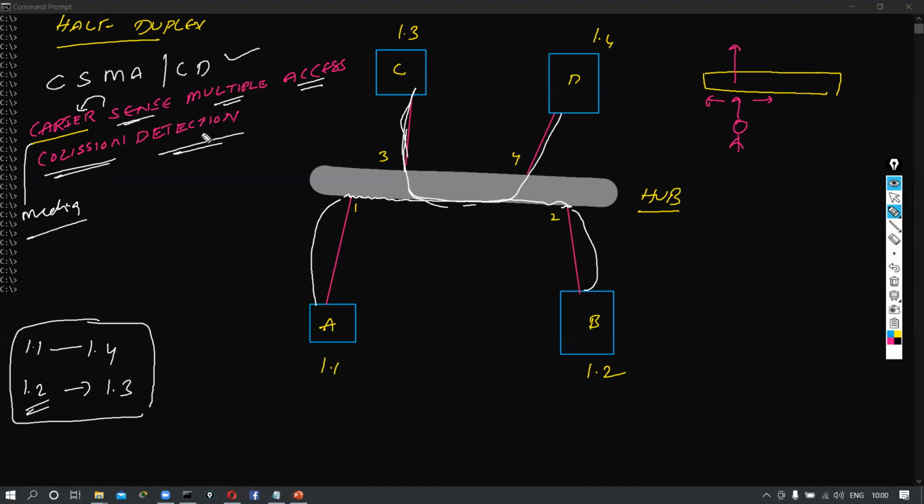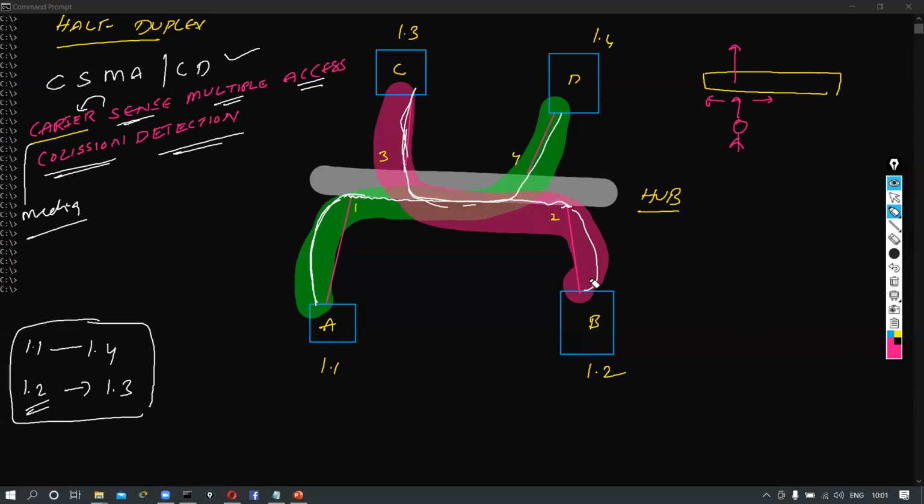Even though there will be some delay, once one communication is done, then only the next communication will happen. There is some latency, no issue, but without any collision. Clear now? This is all about where CSMA/CD is useful. That is inbuilt.